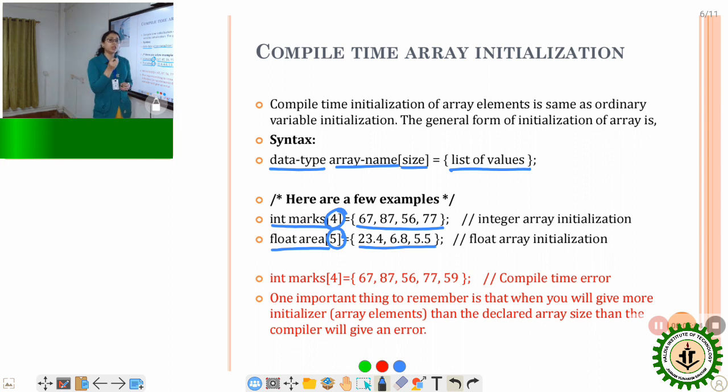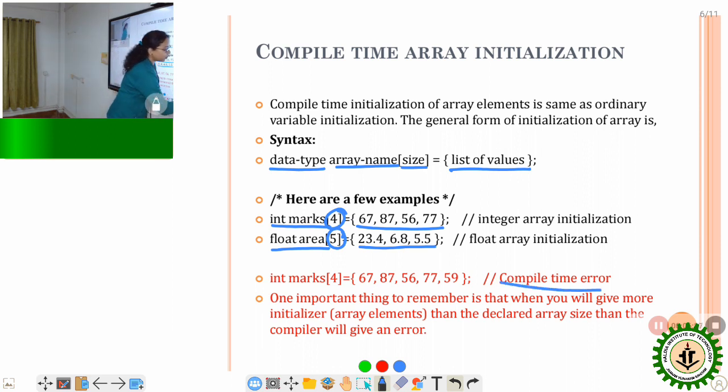But if we put fewer values than the size, that means here the size is 5, but we put fewer than the size, this is also applicable for the array. But if the size is 4 and we want to put more than that, means size is 4 but we initialize 5 values, or 6 values, that is not possible.